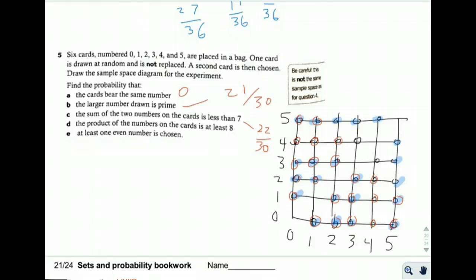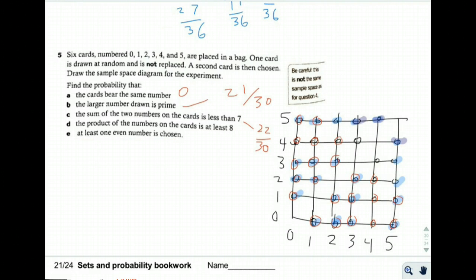Number D, the product of the numbers on the card is at least 8. So 5 times 4, of course, would be fine. That's like 20. 5 times 3, that's 15.